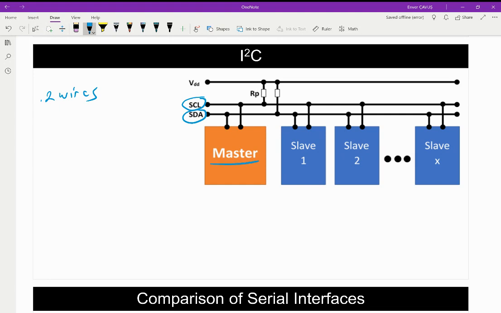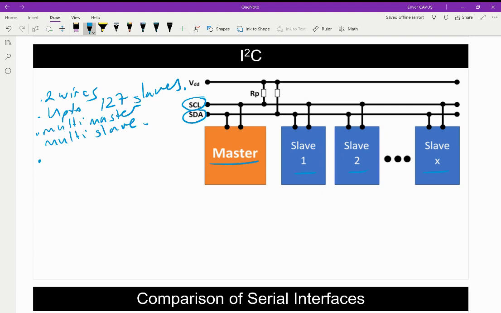So we have one master, but we can connect up to 127 slaves. So we can control up to 127 slaves. So we can also have multi-master. So we can have more than one master and multi-slave.